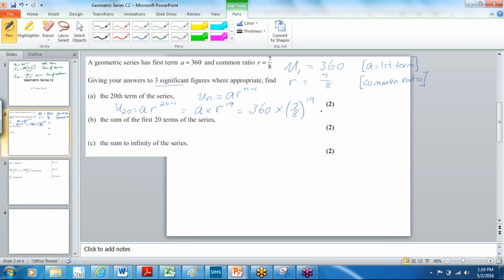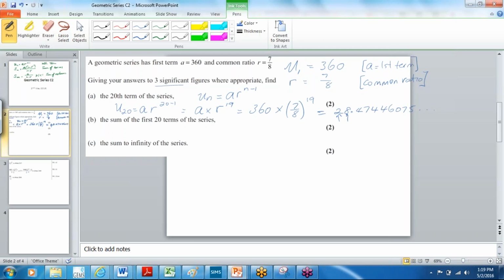So 3 significant figures. Let's find out what the calculator says. 360 times 7/8 to the power of 19. My calculator is saying that that is equal to 28.47446075.